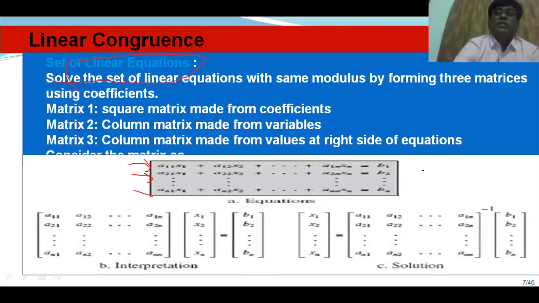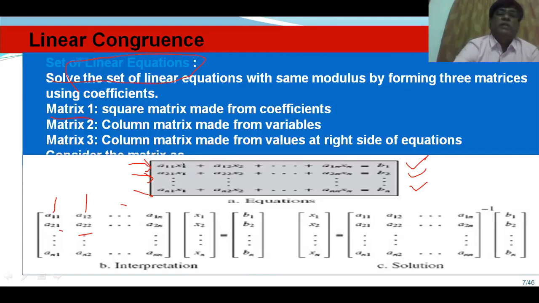You can rewrite these equations in matrix form. Here you can divide these equations into 3 matrices. Matrix 1 is the square matrix made with the coefficients, that means a11, a12, a21, a22. Matrix 1 is the square or rectangular matrix which contains the coefficients. Matrix 2 is the column matrix made from variables.